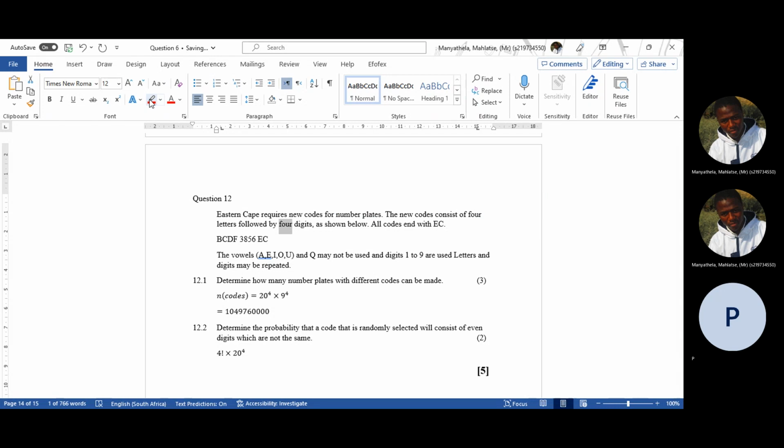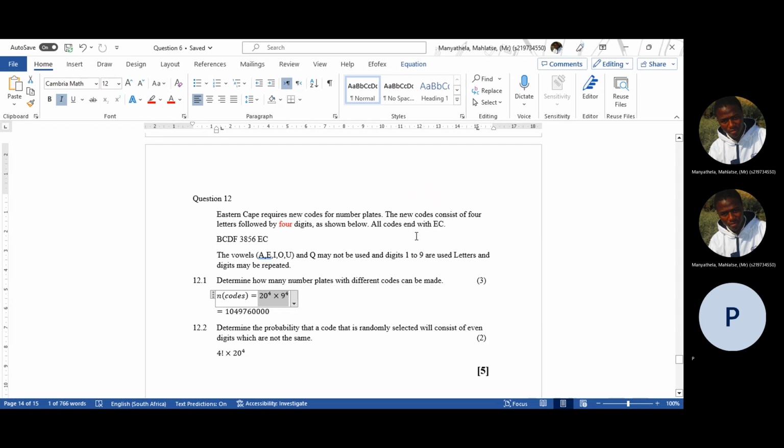The statement says Eastern Cape requires new codes for number plates. The new codes consist of 4 letters. You see, we're having 4 letters, so 20 times 20 times 20 times 20, followed by 4 digits, as shown below.